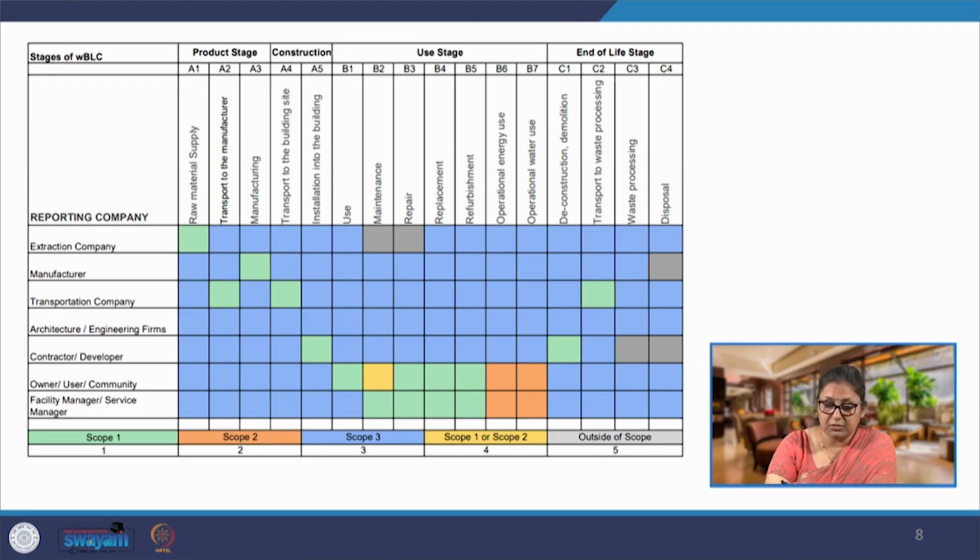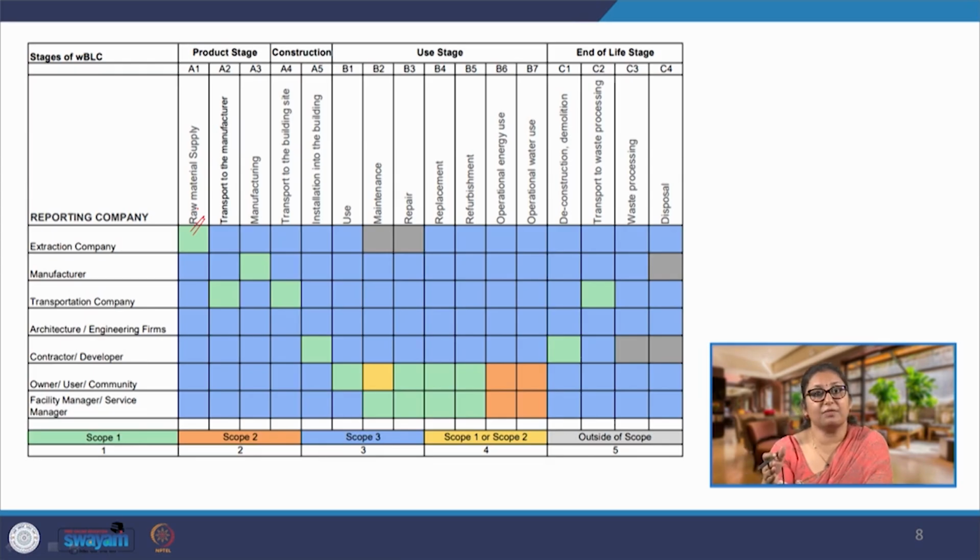Now, here there is very little mention of scope 2 that you would find, because we are only looking at the stages of building life cycle. So, we are not looking at the detailed activities. When this extraction company is doing raw material supply, for its own office, for running the machinery, for a lot of different activities in carrying out this extraction process, it might be using fuel like electricity.